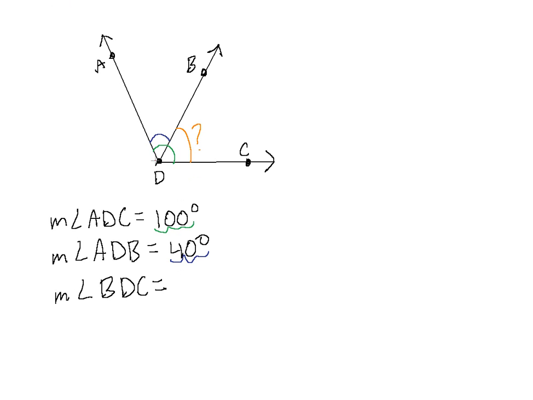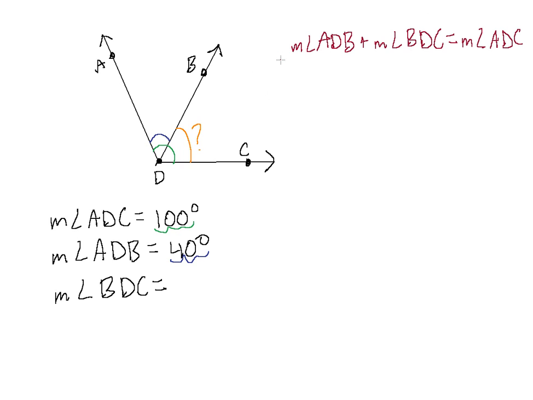Well, the angle addition postulate says that if we add these 2 angles here, we can get this larger angle. So we can say that the measure of angle ADB plus the measure of angle BDC equals the measure of angle ADC.